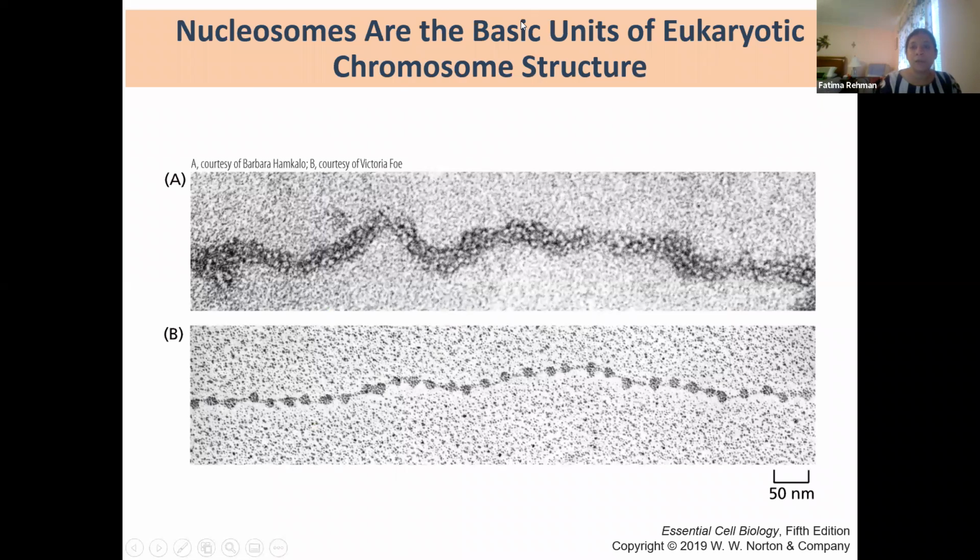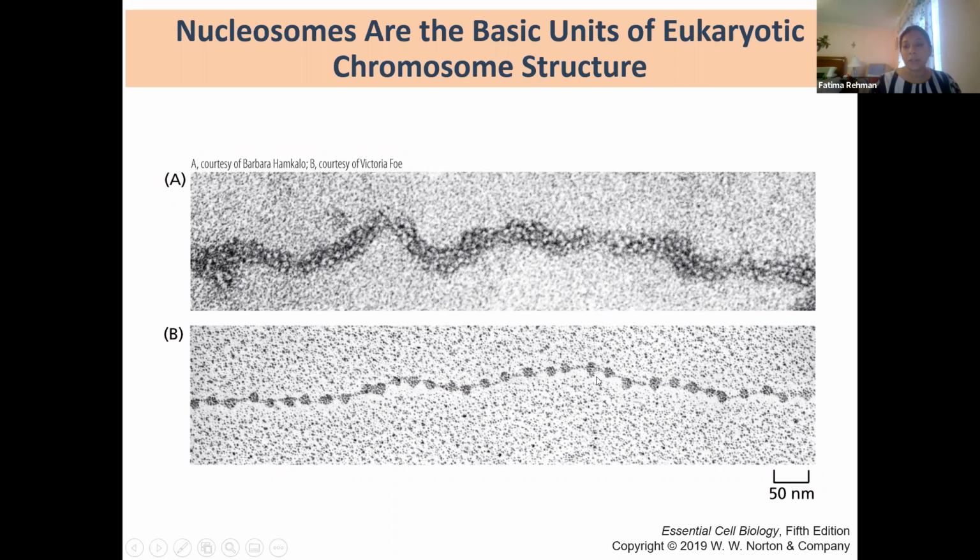Now, these are found inside the nucleus. They are packaged inside the nucleus because there's a lot of this DNA in these nucleosomes, which are the basic units for eukaryotic structure. So if you look at your chromatin and you stretch it out, you will see that it shows up as thick threads.